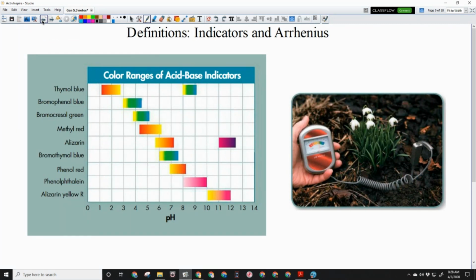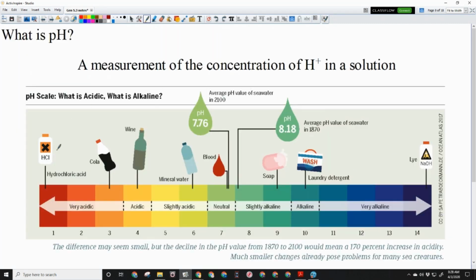So let's go back to this pH range right here. So it's pH 4 here. So remember, here is the dividing line, 7. Anything below a 7, and this is a 4, is going to be in the acid range. Anything above 7 is going to be in the base range.